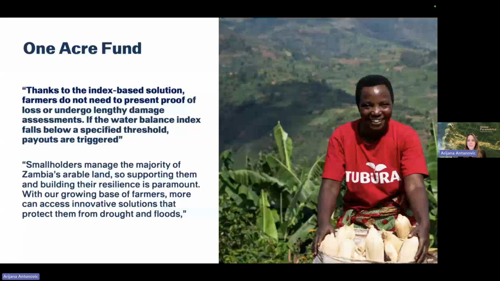One could be, for example, a microinsurance product like we have with One Acre Fund. So this is where the farmers directly buy the policies, or where you have a product embedded in the fertilizers or another type of product for the farmers. So this is where the smallholder farmers actually contribute to buying the policies and get insured individually.